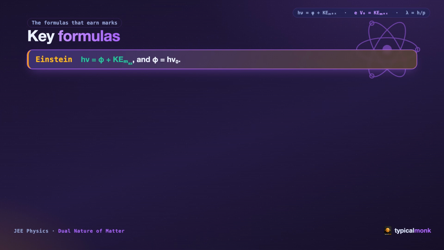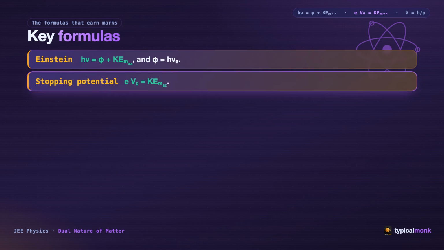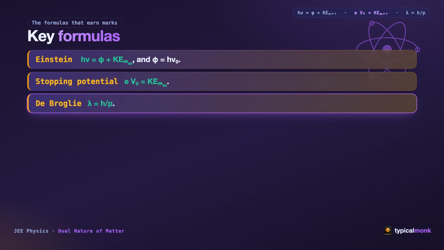Now the formulas that earn marks. Einstein: h nu equals phi plus KE max, and phi equals h nu naught. Stopping potential: eV0 equals KE max. De Broglie: lambda equals h over p.